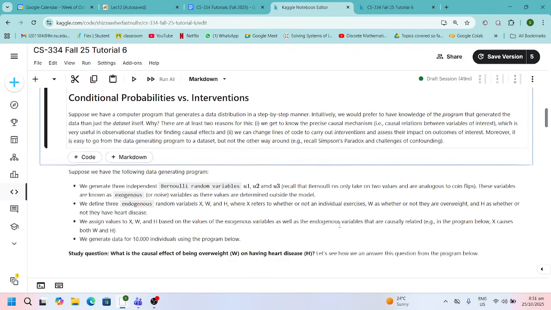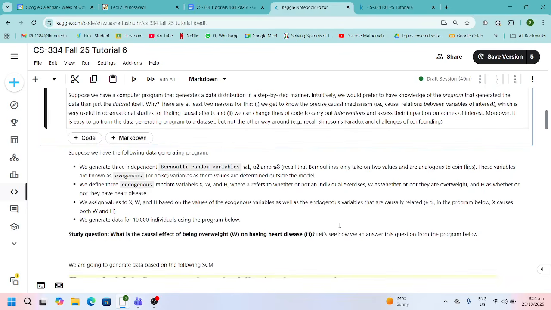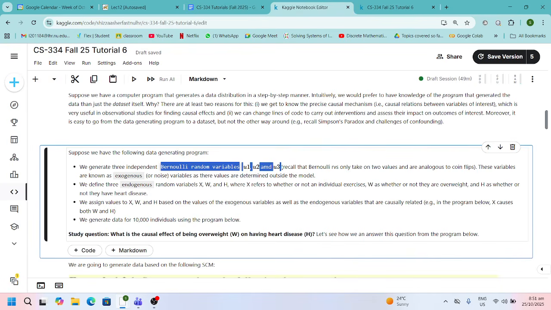You have a structural causal model, and we are just going to implement the same model that we have studied in code. For those of you who have not covered it in class, it's still a good opportunity to go over these concepts again. So I will help you recall that we have three Bernoulli random variables, u1, u2, u3. What is a Bernoulli random variable?